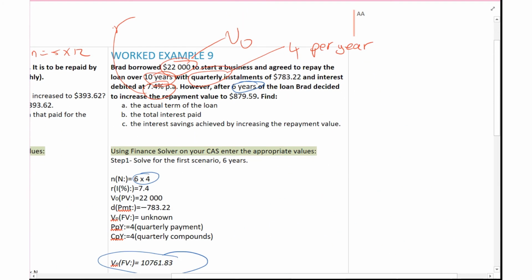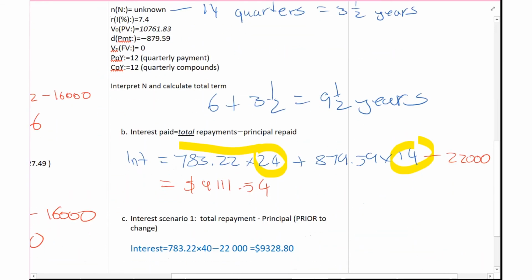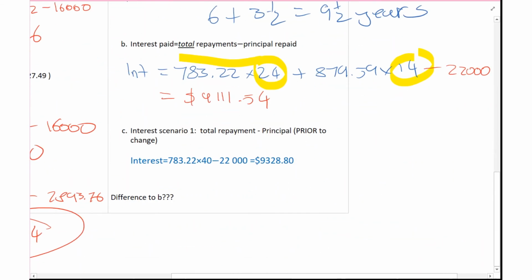And see the interest savings achieved by changing this. The interest here was for if I didn't change anything, already calculated for you.